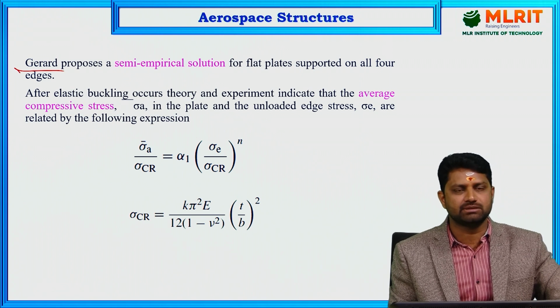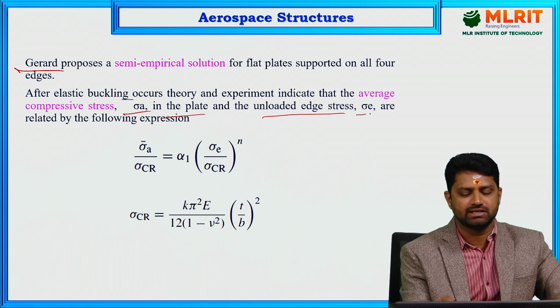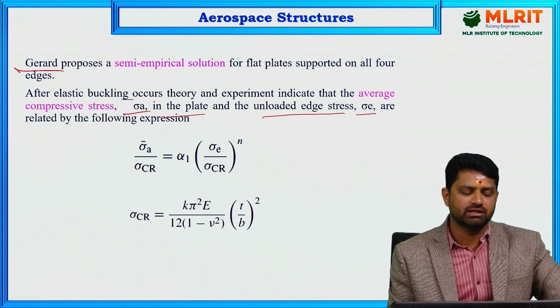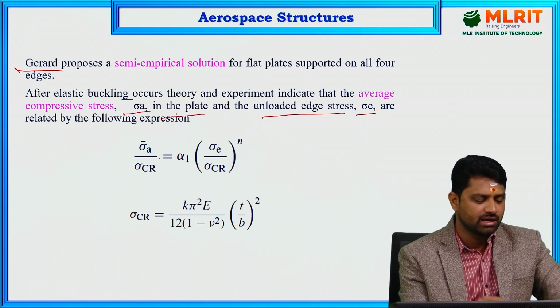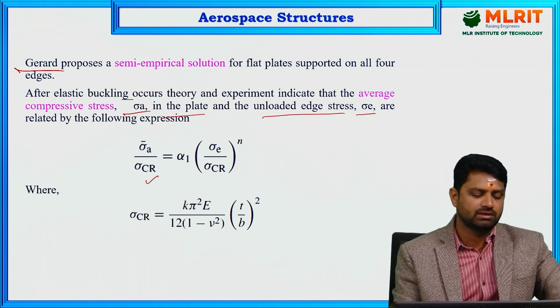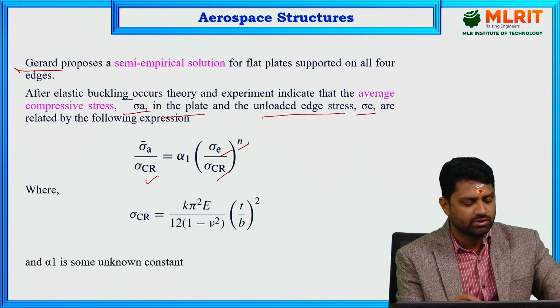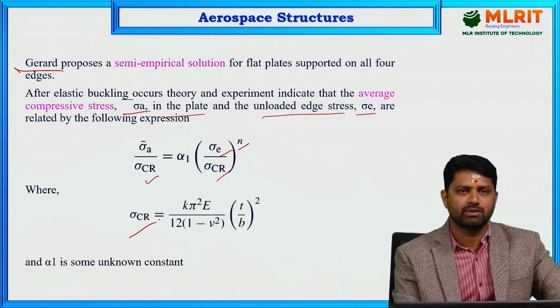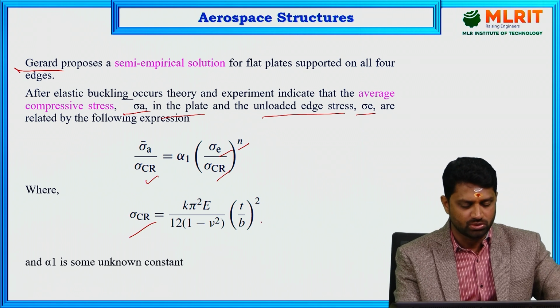After elastic buckling occurs, theory and experiment indicate that the average compressive stress, sigma A bar, in the plate and the unloaded edge stress, sigma E, are related by the following expression: sigma A bar divided by sigma critical equals alpha 1 into sigma E by sigma critical, all to the power of n, where the critical stress equals k pi square E divided by 12 into 1 minus nu square into t by b whole square.